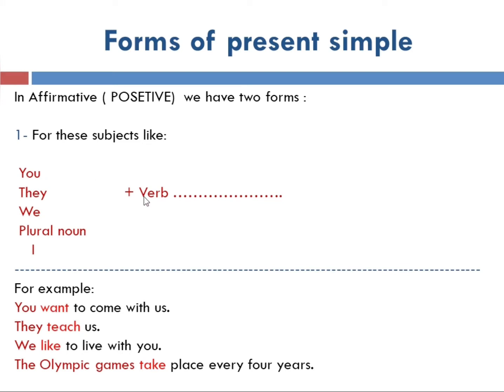This is the rule for these subjects: you, they, we, plural noun, or I, then directly you add the verb. So let's see these examples.